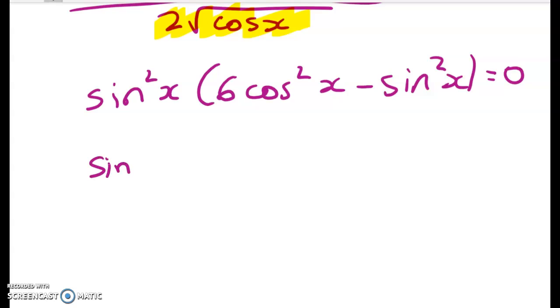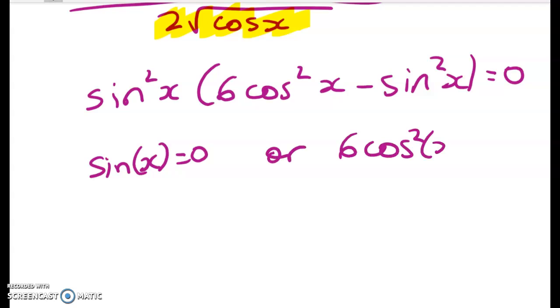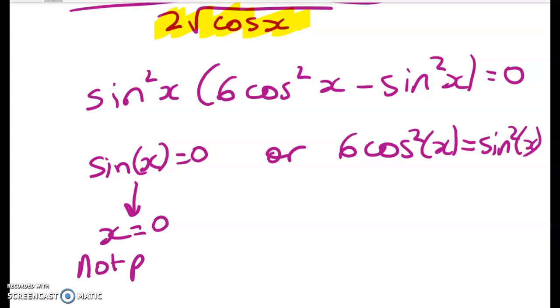So sine of x equals 0, or 6 cos squared of x equals sine squared of x. So here, this gives me x equals 0, so this is not point M. We can see from the graph that M is strictly between those two limits.